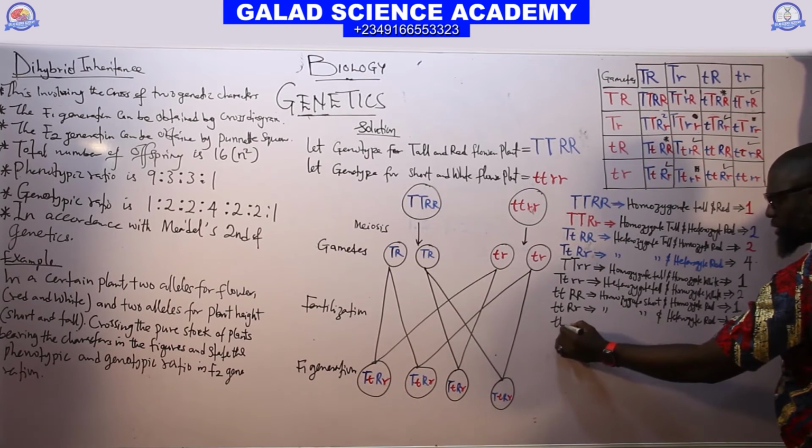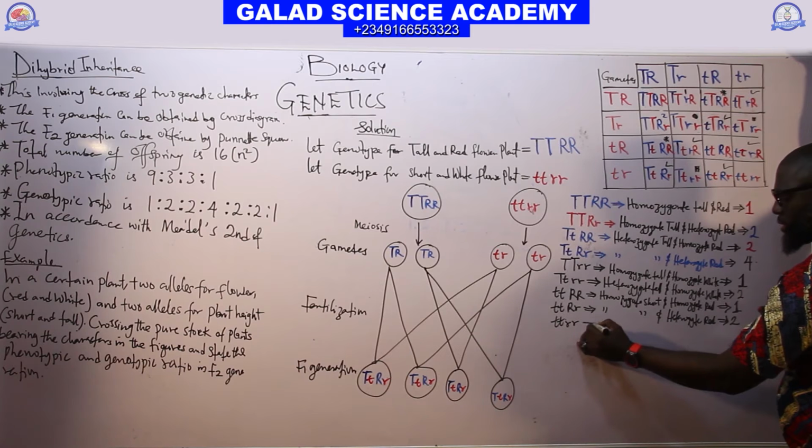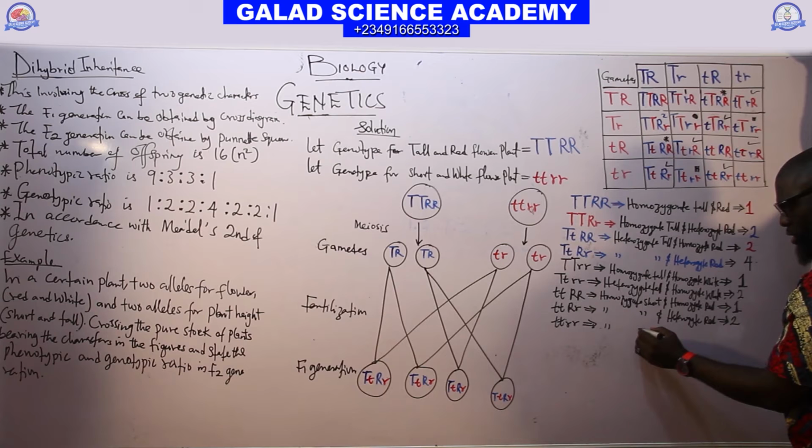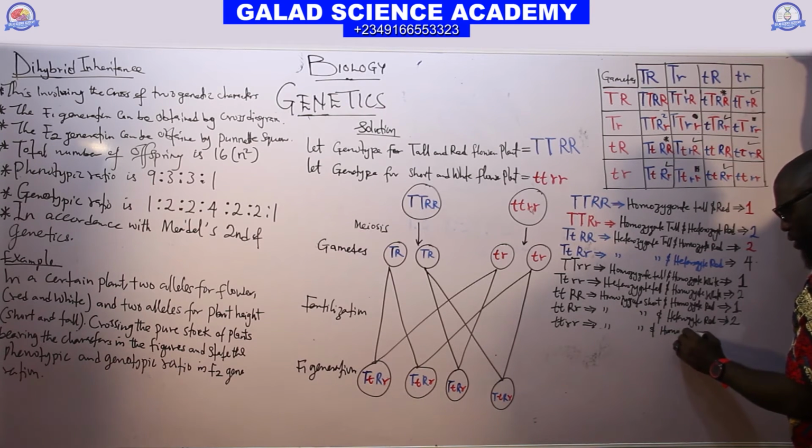We have this, and this, which is homo short and homozygote red.